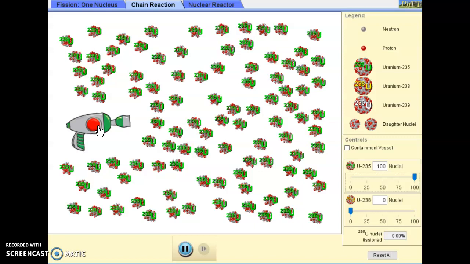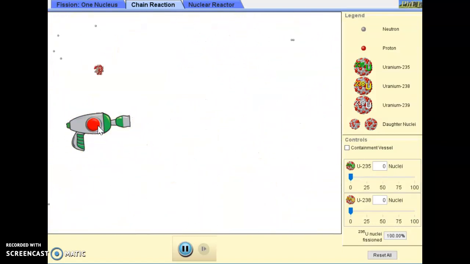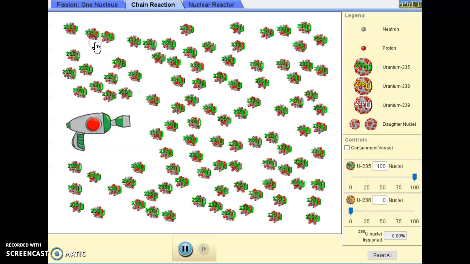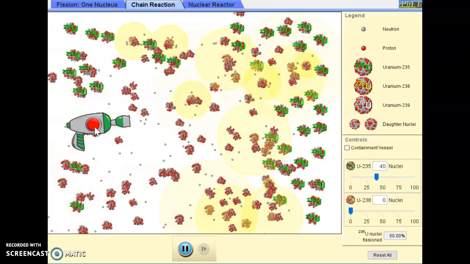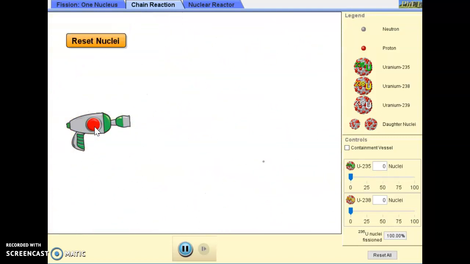Okay, let's see if you got it right. Notice how I had to only shoot the gun one time, and every single one of them reacted. This is called a chain reaction.